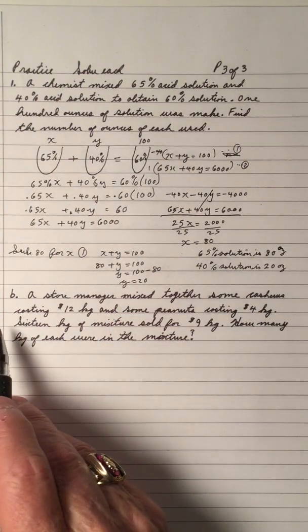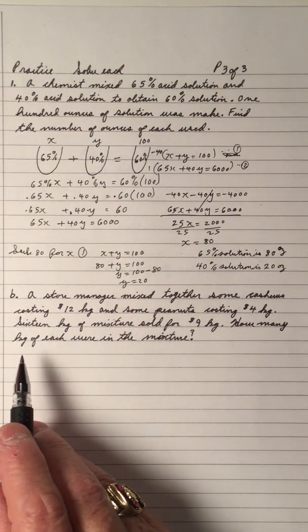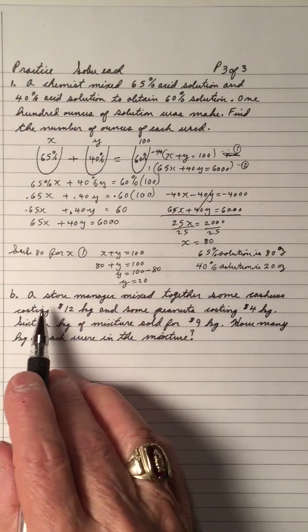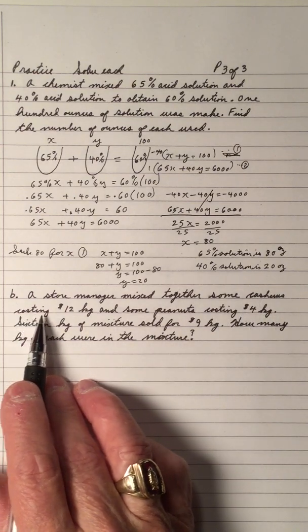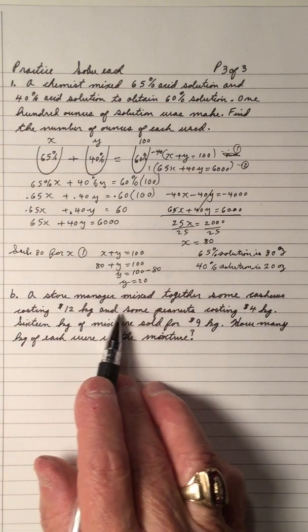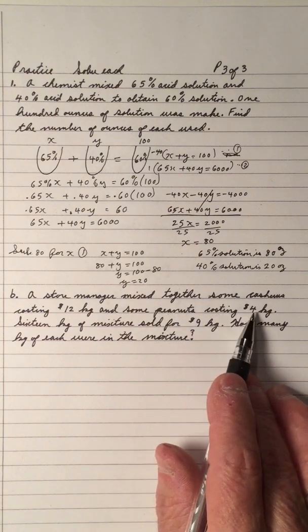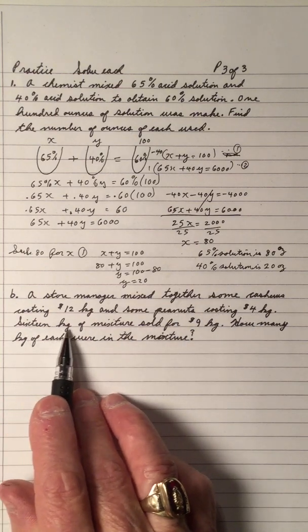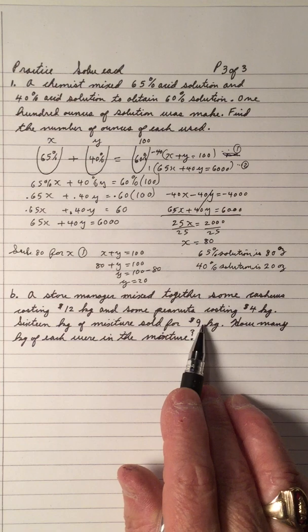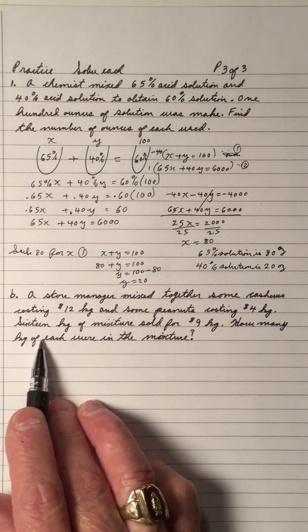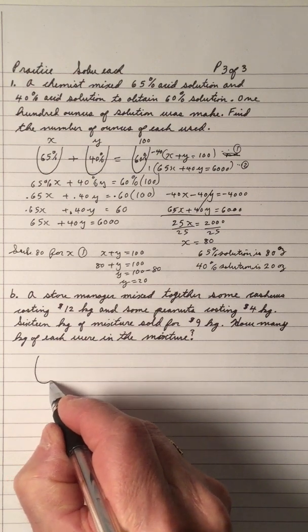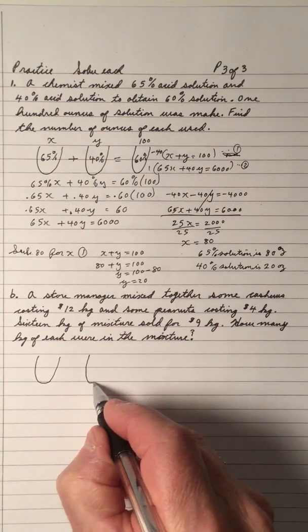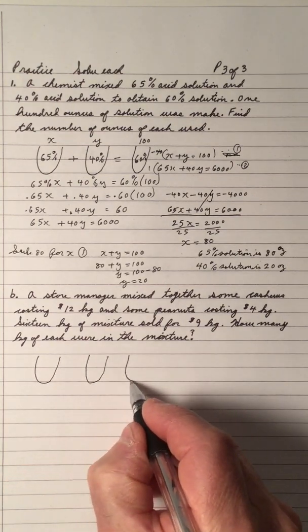And we have another problem that the more practice you get, the better. So again, the store manager is mixing some cashew nuts costing $12 a kilo and some peanuts costing $4 a kilo. If 16 kilos of mixture is sold for $9 a kilo, how many kilos of each were in the mixture? Again, we're mixing them up. So we'll do the containers.